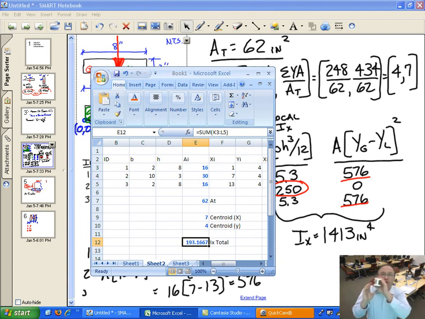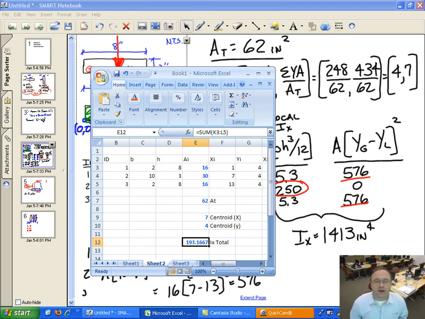Yet when we rotated it on its side, we dropped clear down to 193. We went from 1413 to 193 just by rotating this around. Now you can see we have a lot of resistance to bending one way, but when we rotate it around, it's very flexible. These are the cross-sectional properties.